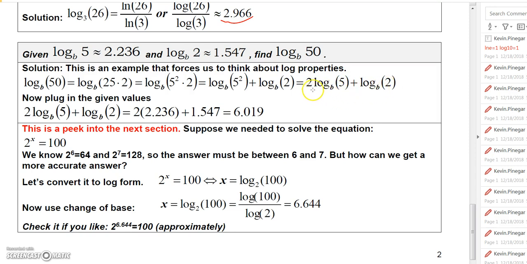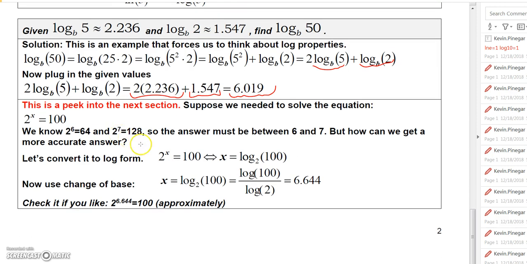And now I know that log of 5 base b is 2.236, and I know log of 2 base b is 1.547. So if I plug those into that expression, I'll just get 2 times 2.236 plus 1.547, and that would give me 6.019 for the answer. Okay? And so again, that's just to practice with your log properties is all that's for.